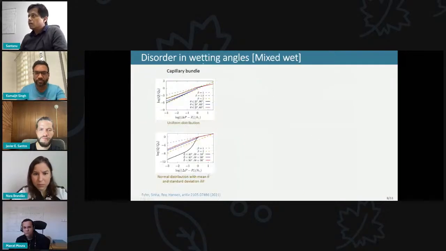And then we studied the distribution in the wetting angle with the capillary bundle model. For uniform distribution, we have these two numbers, 1.5 and 2 for this nonlinear regime, and then it translates to the linear regime. And we also had this normal distribution, because that's the distribution people generally observe in experiments.